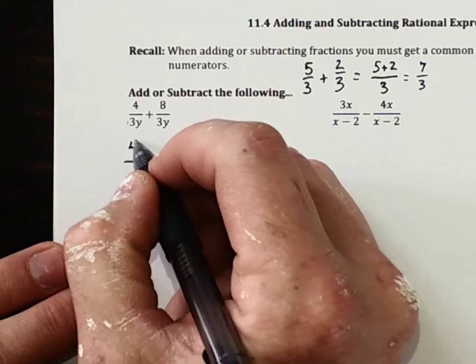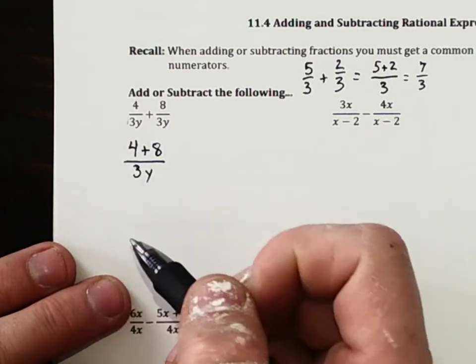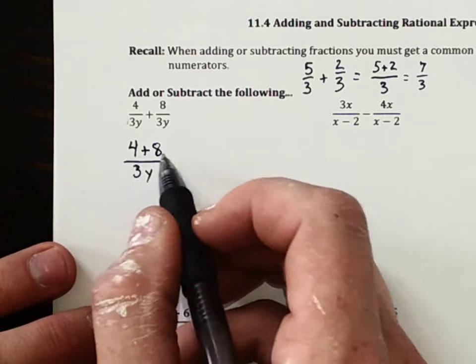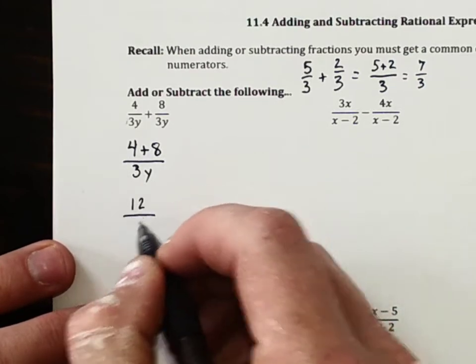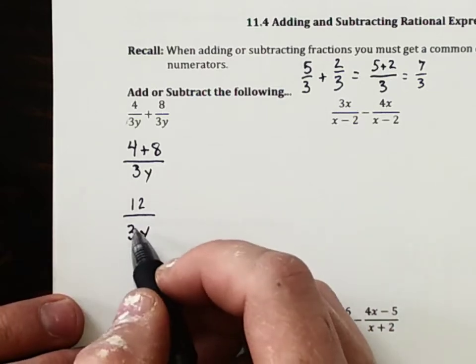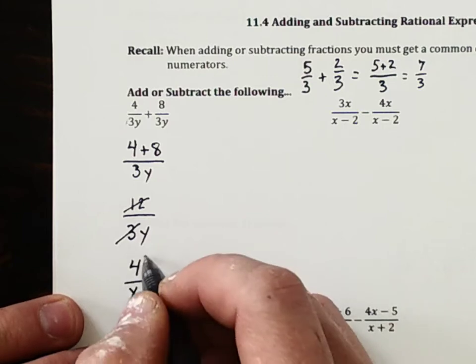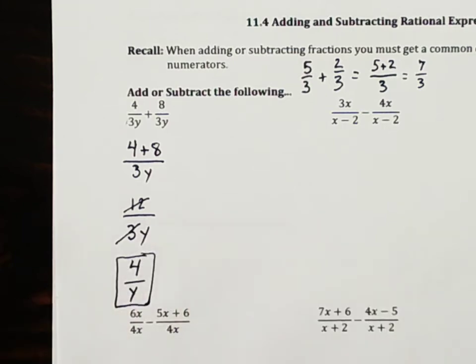So all I have to do is add the tops together. 4 plus 8 is 12. So I have 12 over 3y, and now I can divide. The 3 divides into the 12, making it 4 over y, your answer.